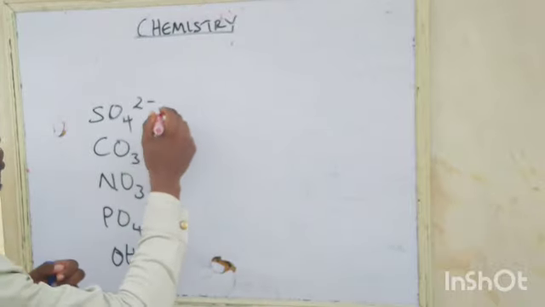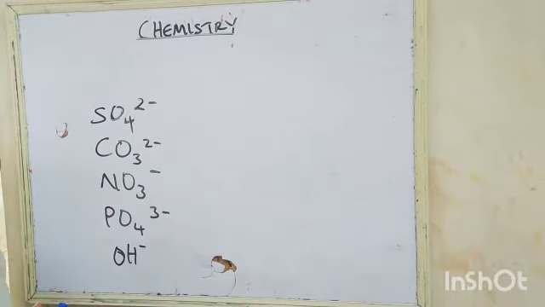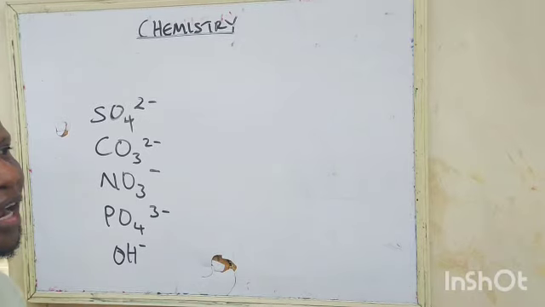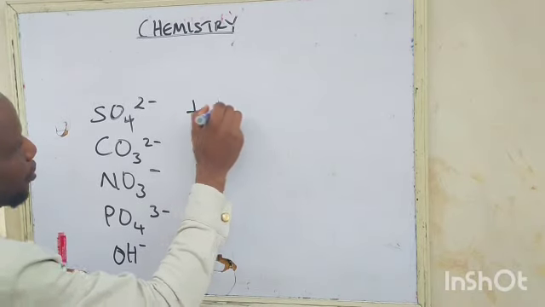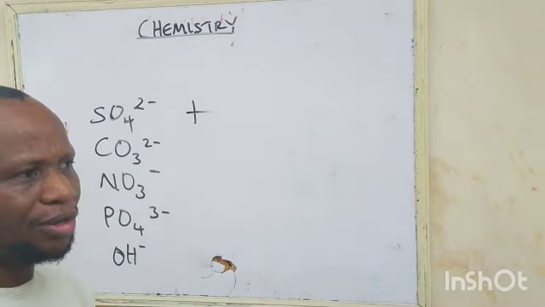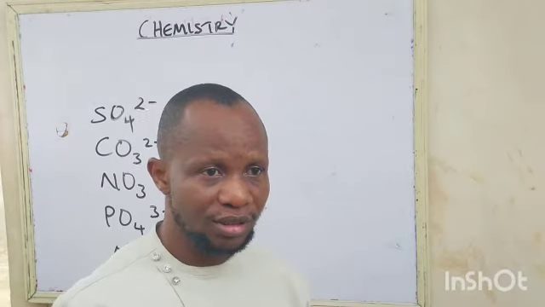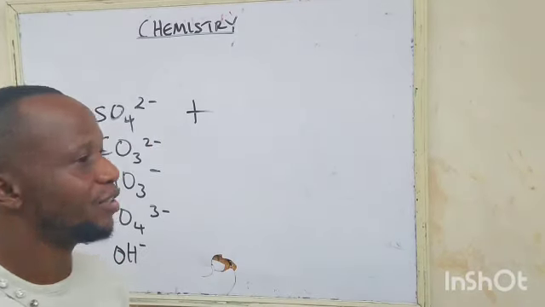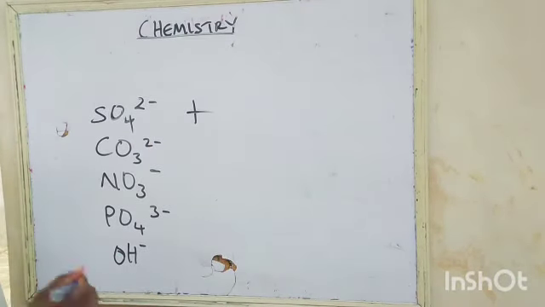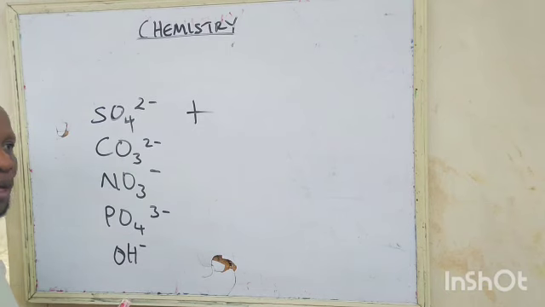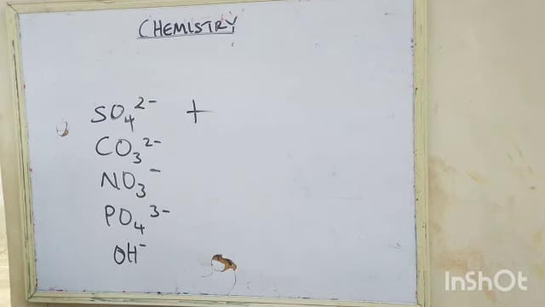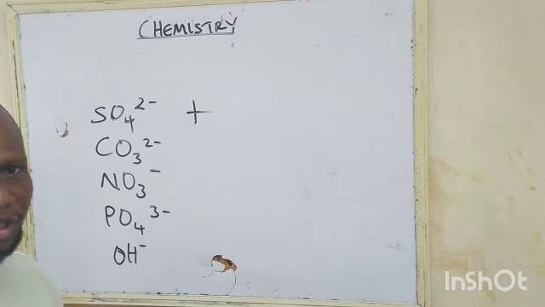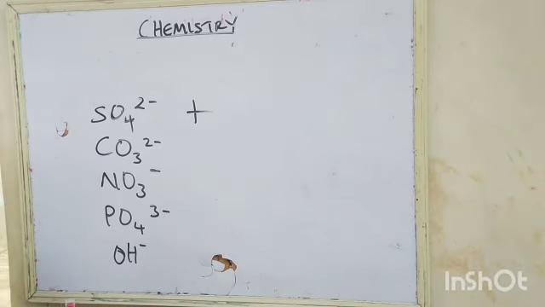So tetraoxo sulfate, say, reacting with a metal. Now metals are positively charged elements from group 1, 2, and 3.